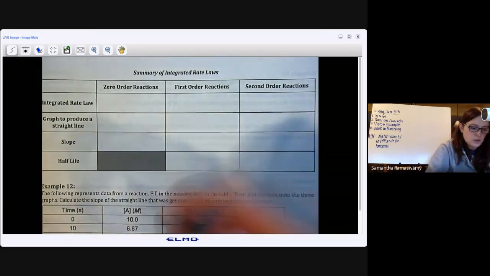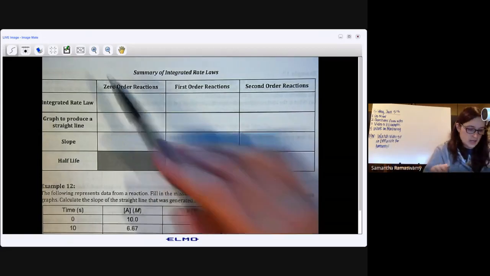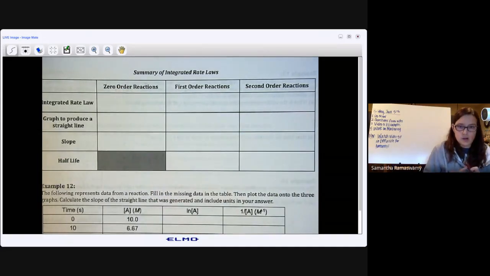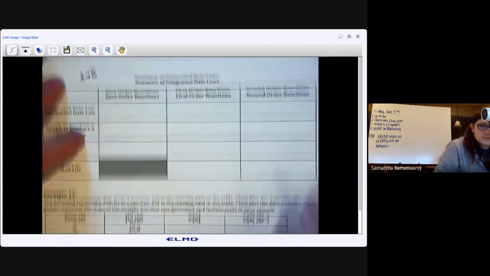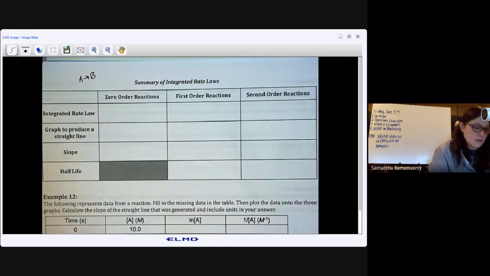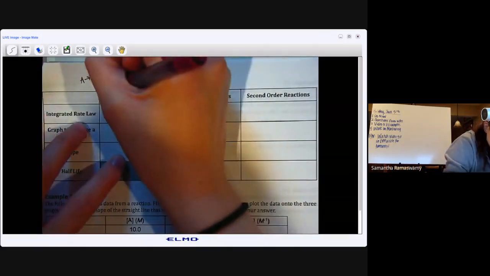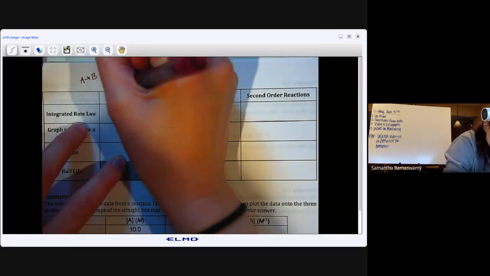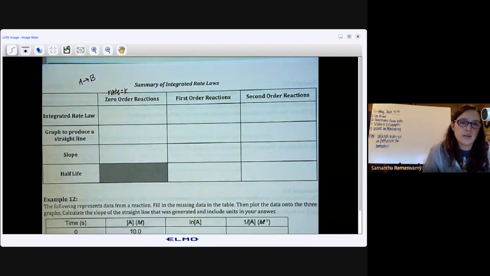Before we get into the integrated rate law, what I want to do up here at the very top is write the rate law. If it's a zero order process, let's say that we're looking at the reaction A yields B. If A is zero order, the rate law is just rate equals k, because A to the 0 is 1.